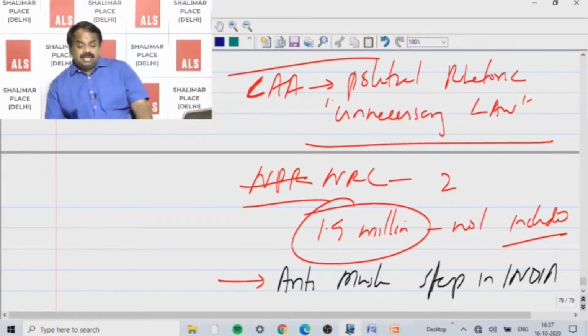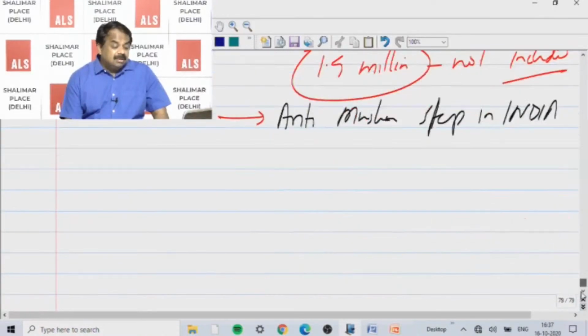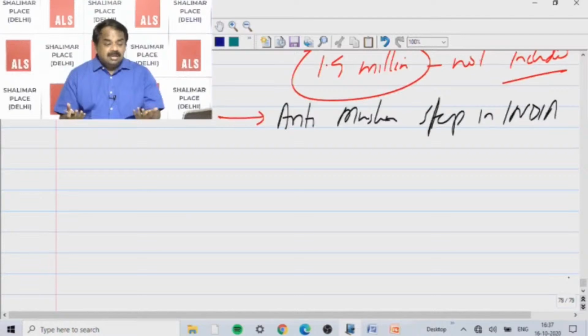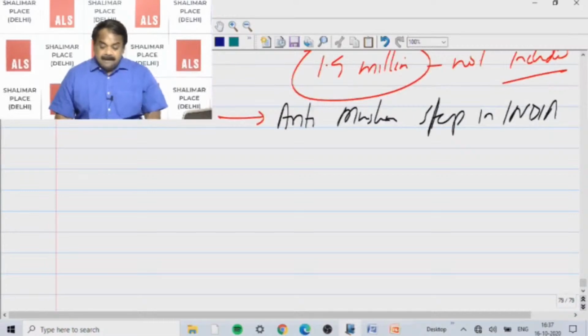So naturally some ill will has been created because of the many anti-Muslim steps, even the communal violence in Delhi. The Bangladeshi press took it very seriously. So it is quite natural that a fellow-brethren feeling will be there, right?